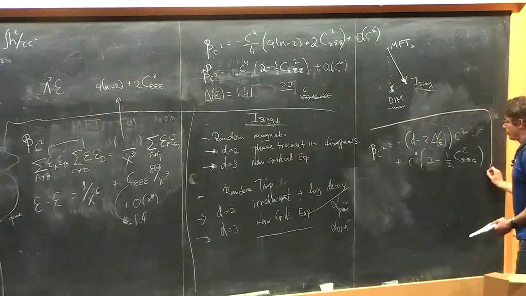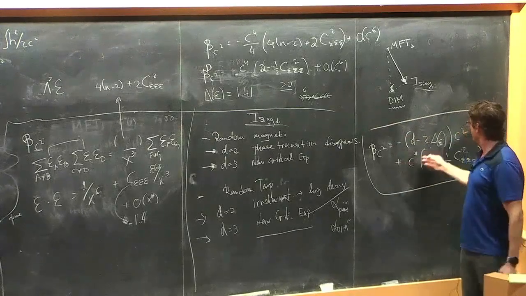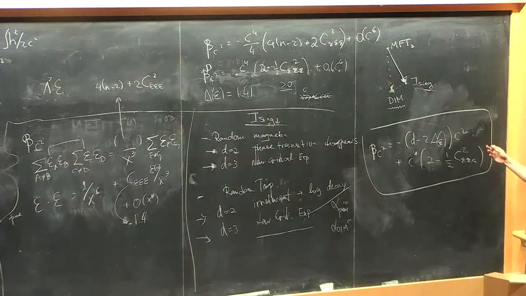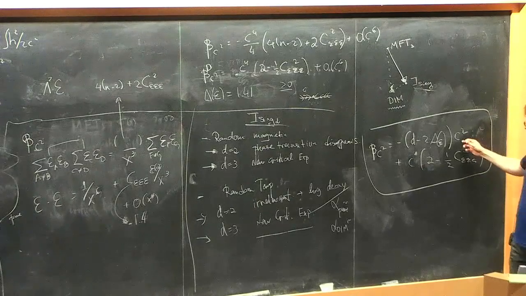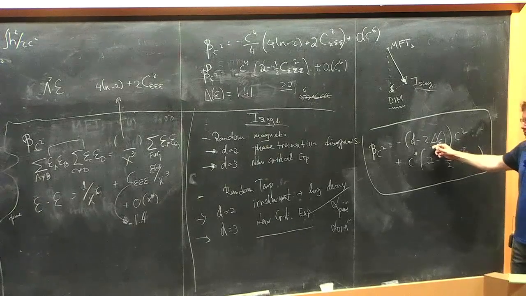So this is the final answer. And now you just plug numbers that are experimentally more or less measured. There is a perturbative fixed point, which is very close to the pure, with a very small C squared, because that number is very small.